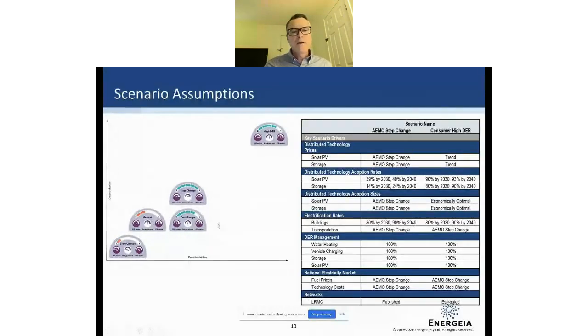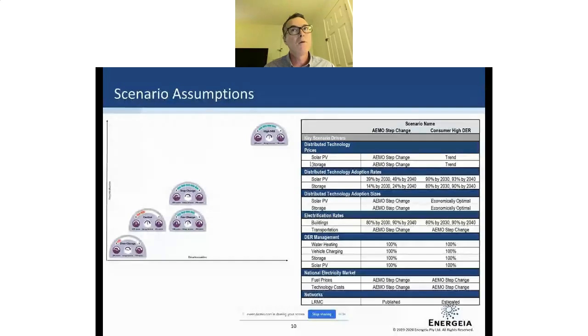And to just highlight, on the axes of decentralization and decarbonization, we really tested the edges of both decarbonization and decentralization in our so-called consumer high DER scenario. And this was really to break through the current thinking that's been out there around what the envelope really is.